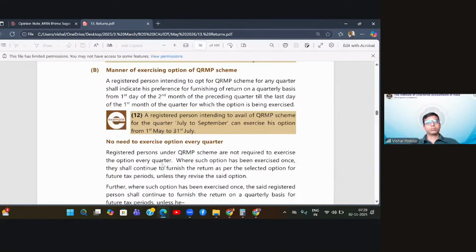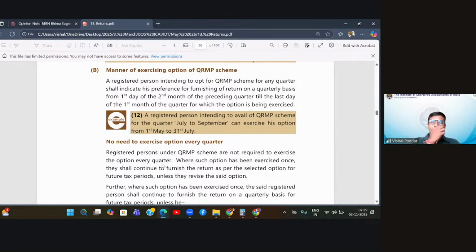Manner of exercising option of QRMP scheme: a registered person intending to opt for QRMP scheme for any quarter shall indicate his preference for furnishing of return on a quarterly basis from first day of the second month of the preceding quarter till the last day of the first month of the quarter for which the option is being exercised.